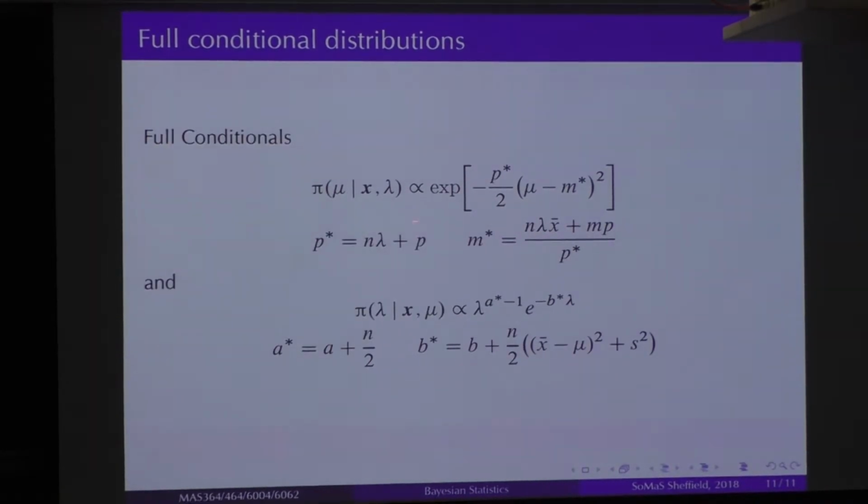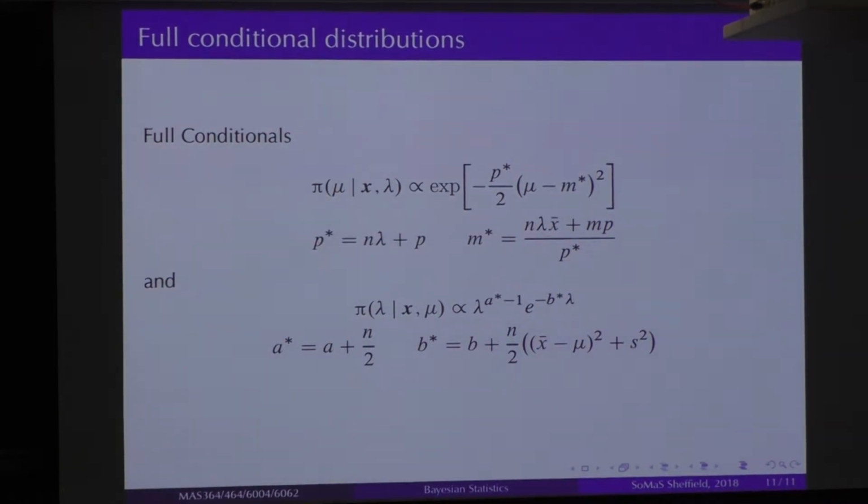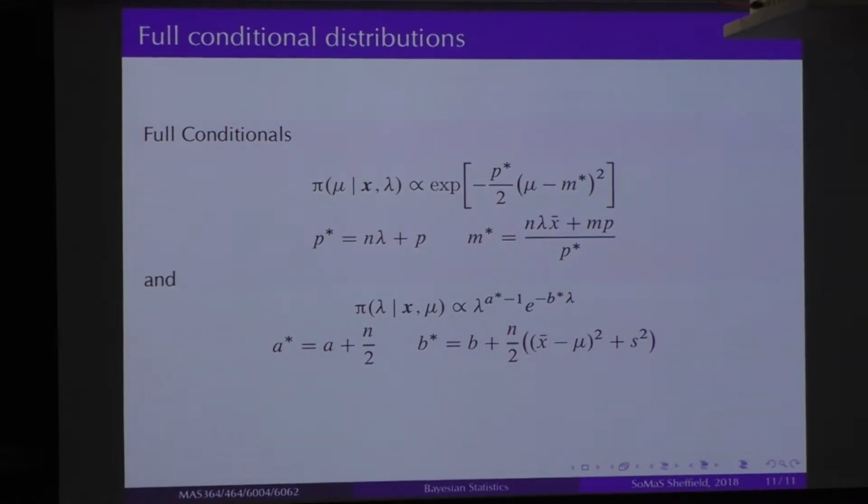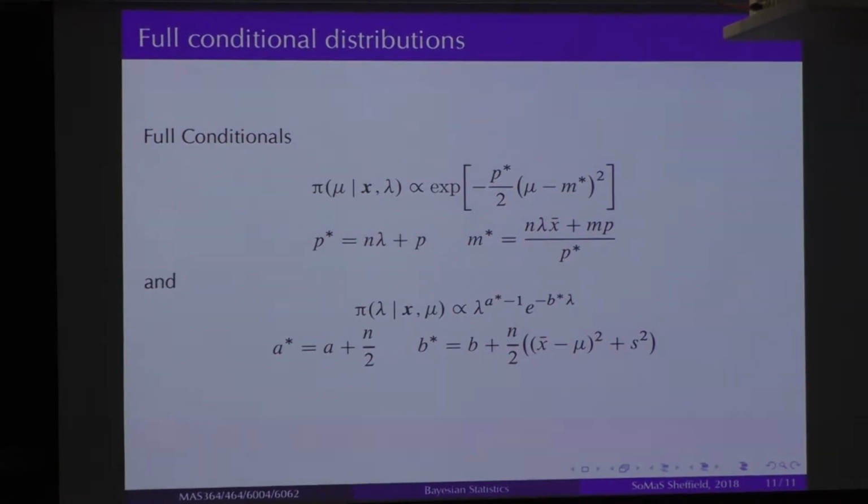If we do that, we can find the full conditional of the mean as that expression there, which looks like a Gaussian with a new mean m star and a new precision p star. And these two parameters will depend on the data, but crucially, they will depend on the rest of the parameters, in this case, lambda. Okay?